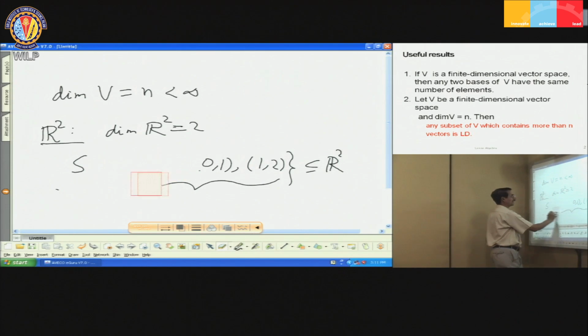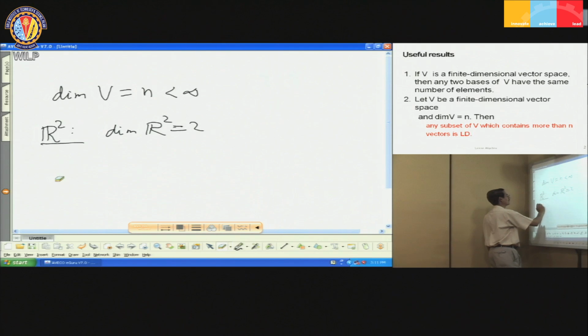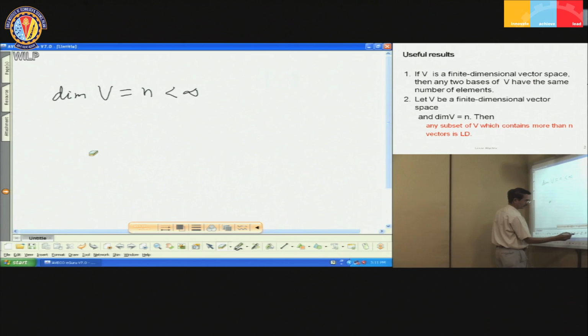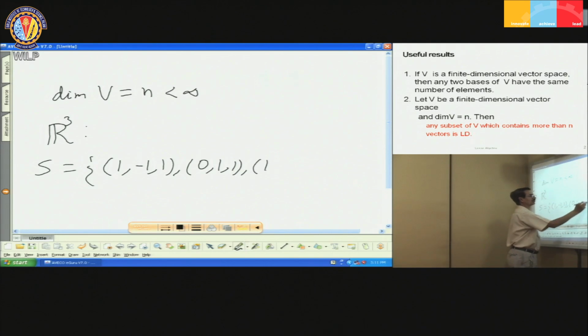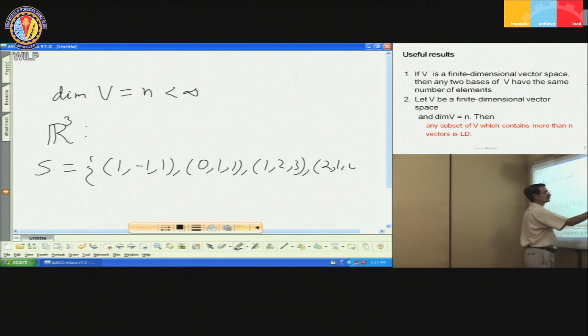Take for example again R3. Now I am taking here R3. In R3, the dimension of R3 is 3, and take the set S as consisting of the elements (1, -1, 1), (0, 1, 1), (1, 2, 3), (2, 1, 0), and I am putting here one more element (0, 0, 1).